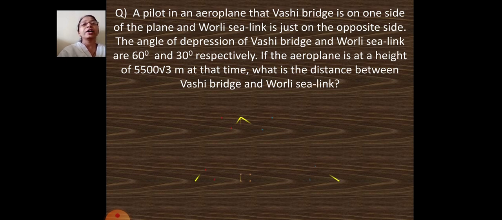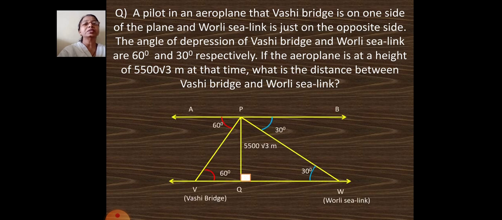So let us draw a diagram here. Yes, this is that diagram. See that bottom horizontal line, V represents Vashi Bridge, W represents Worli Sea Link. P is the position of the plane and PQ being the perpendicular distance, that height is given as 5500 into root 3 meters.